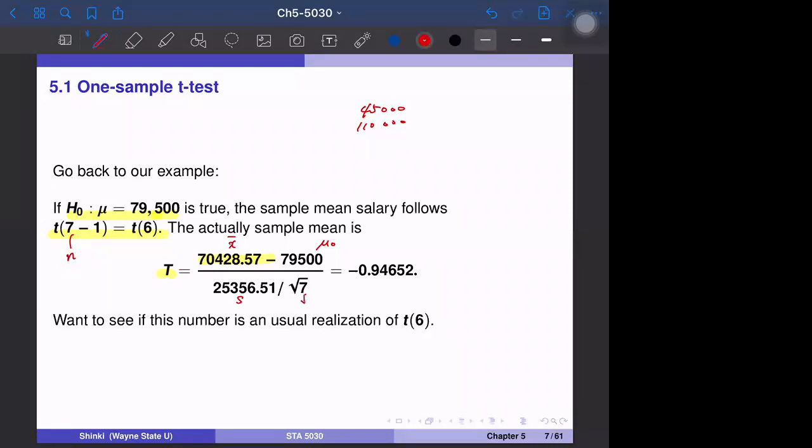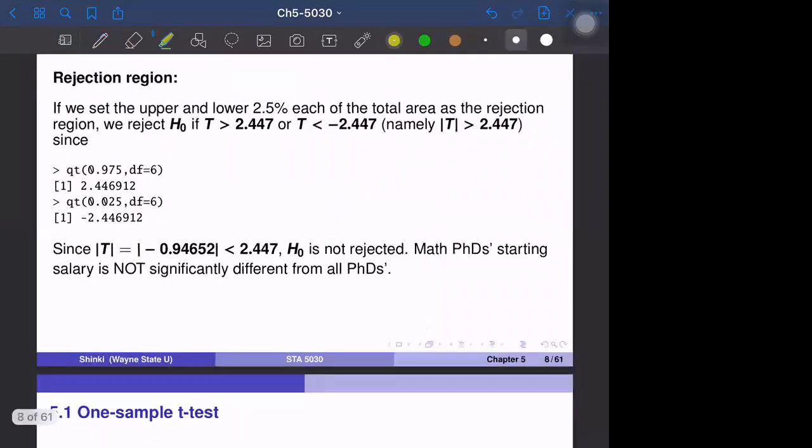And square root of n, sample size is 7. So t-distribution is df 6, but here we have to put square root of 7. Then we get the t-statistic is equal to negative 0.94. And we want to see if this number is extreme or just a usual value for t-distribution of df 6.